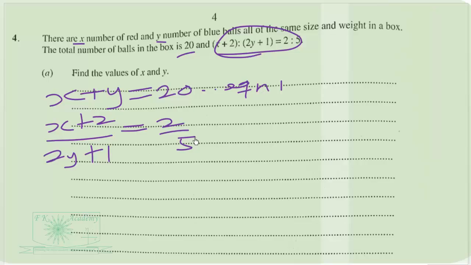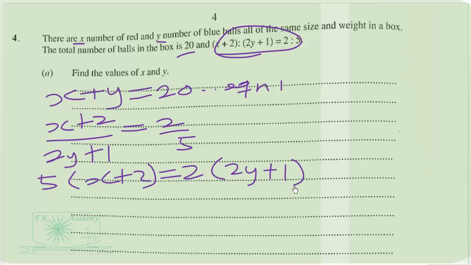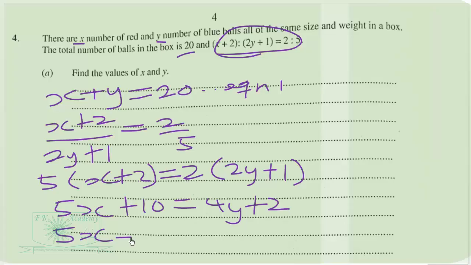So let us cross multiply, and that will give us 5 into bracket X plus 2 is equal to 2 into bracket 2Y plus 1. Let us expand, and this will give us 5X plus 10 is equal to 4Y plus 2. Now we can rewrite this equation in the standard form: 5x minus 4y is equal to 2 minus 10, which is negative 8. So this is our second equation.